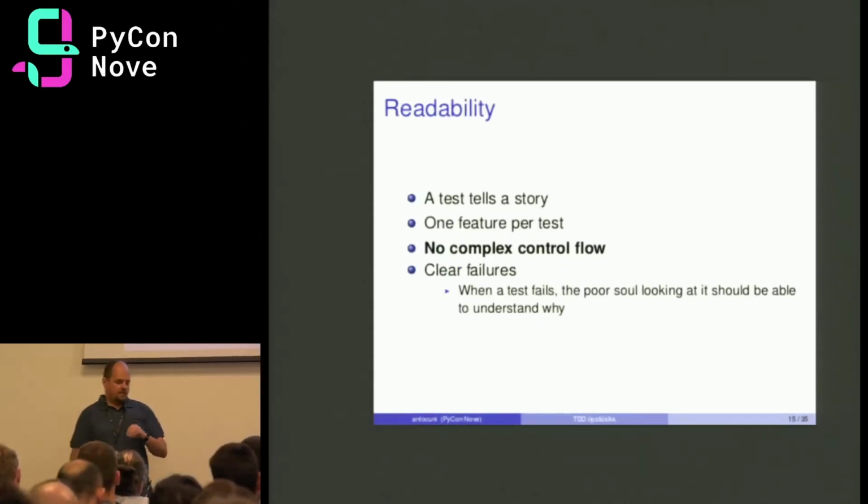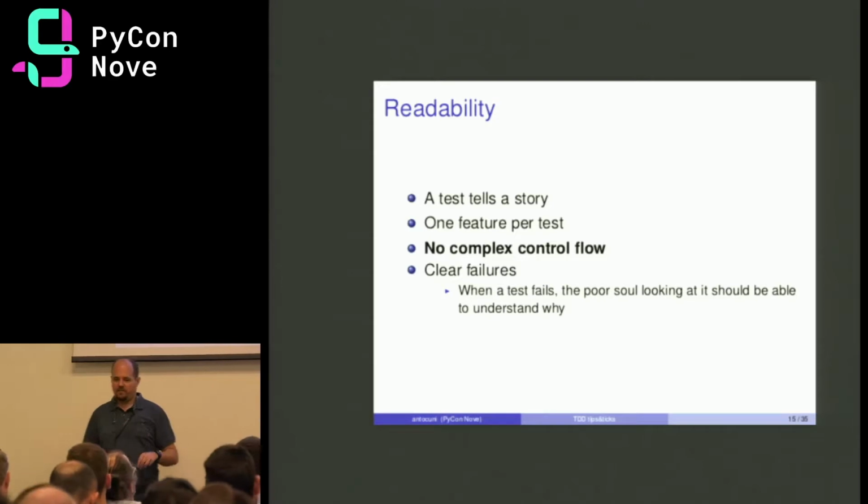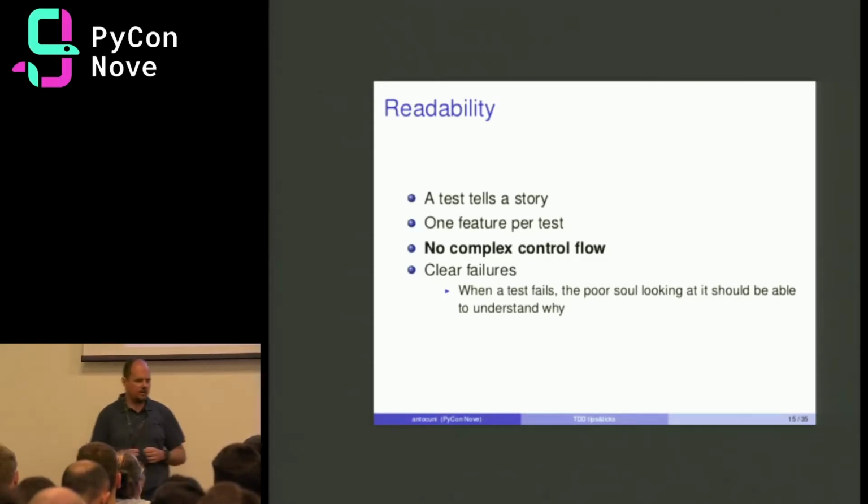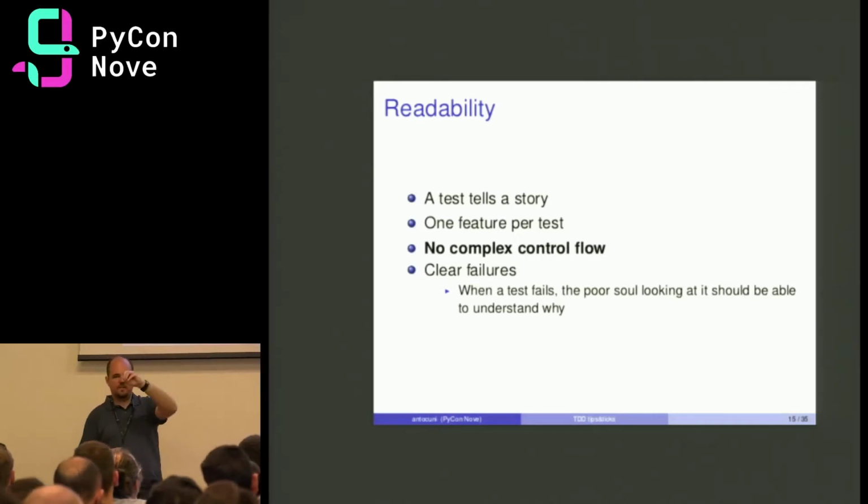About readability, and now I'm going to start to show some examples, because so far it's just been a lot of talking without any concrete example. Readability is important. I think that the test should really tell a story. Like, I start from here with this prerequisite, I test this feature, I do these steps, and I check that the output is what I want.